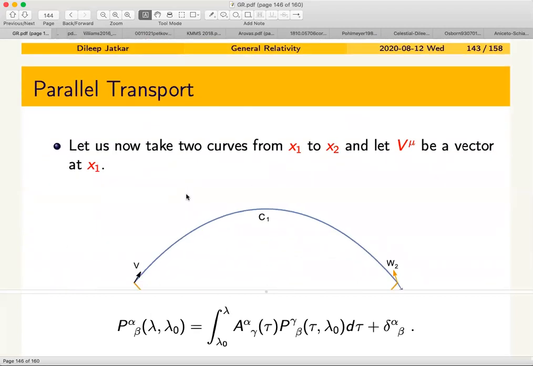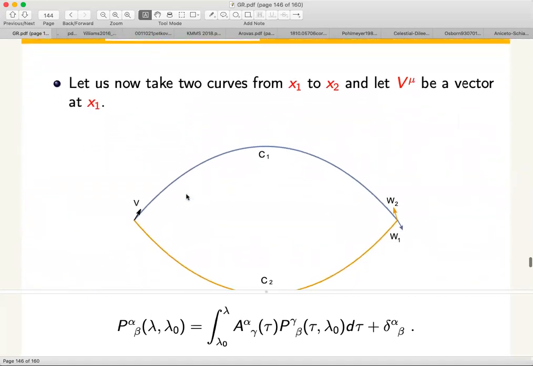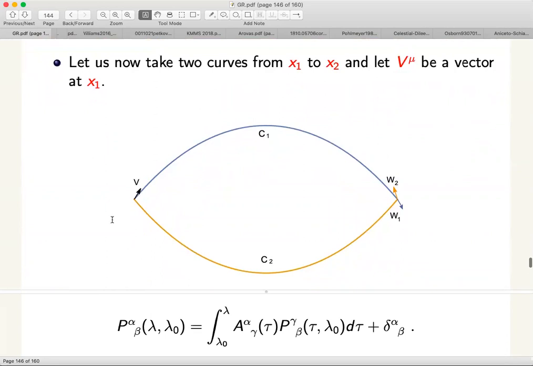So let's now take two curves going from x1 to x2, and let v be a vector defined at x1. I have deliberately chosen it to be tangent to the curve c1 at x1. We want to parallel transport this vector along c1 as well as along c2.